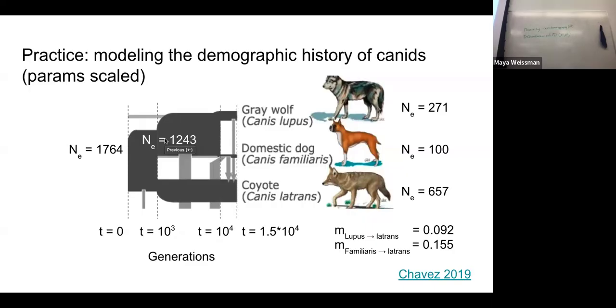Yeah, exactly. And to be very persnickety about language, this is the common ancestor of wolves and dogs. This population.